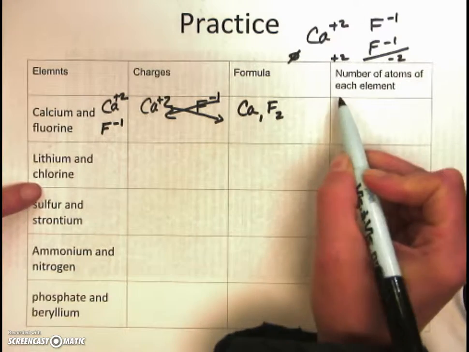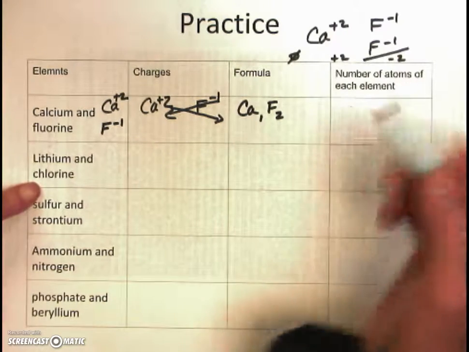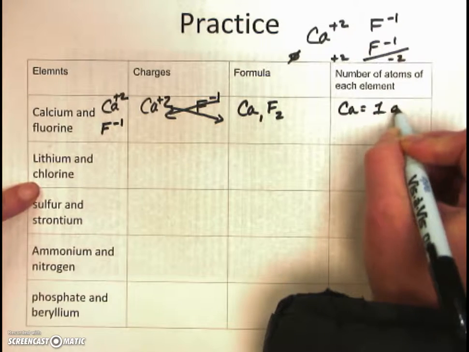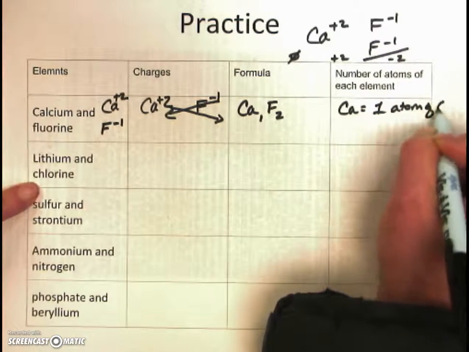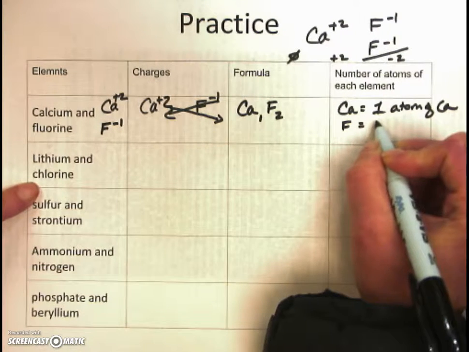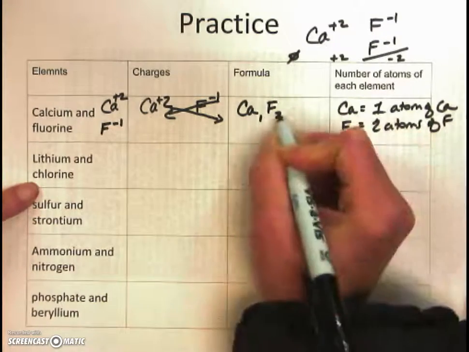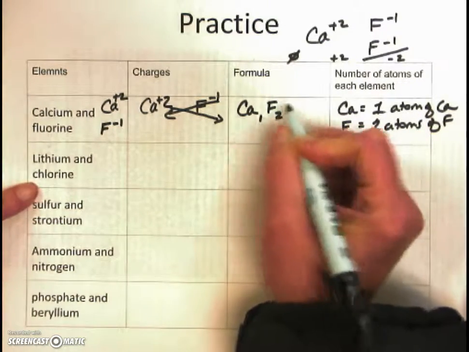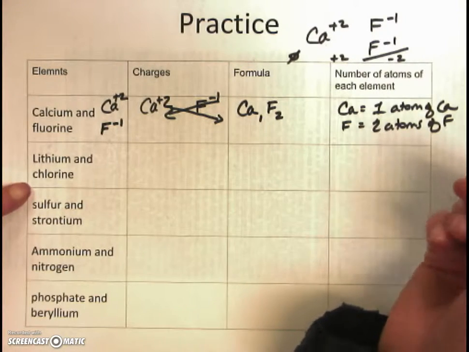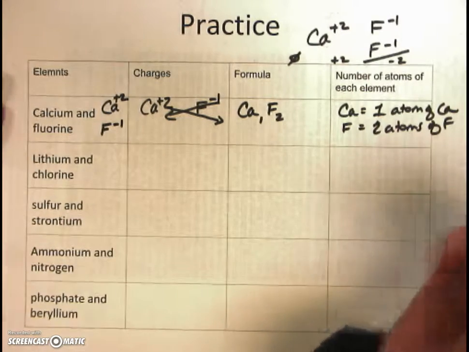So what I want to do now is show you the number of atoms for each element when writing the compound. For the calcium, there's only going to be 1 atom of calcium, and the fluorine is going to be 2 atoms of fluorine. This is called the subscript, and whatever this subscript is tells you how many of each element you have. And you probably knew that coming into this lecture.